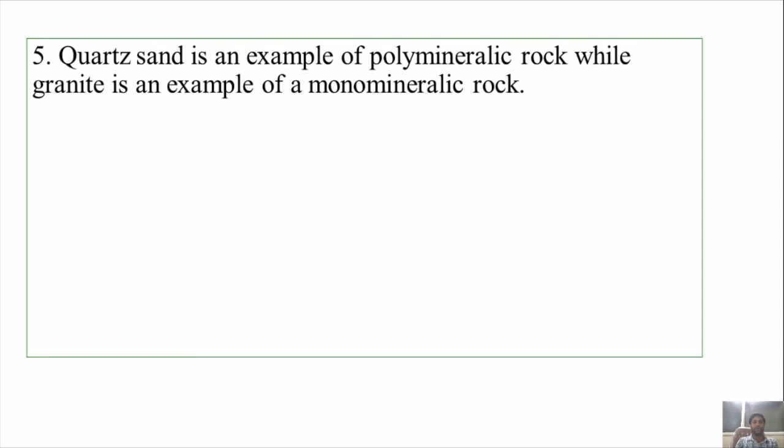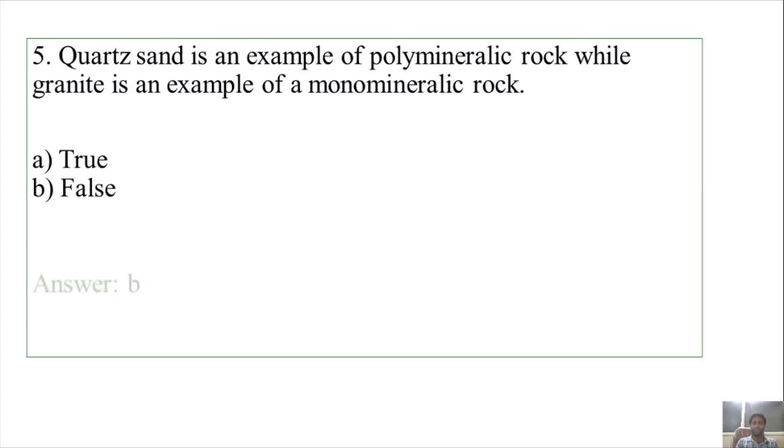Number 5: quartz sand is an example of polymineralic rock, while granite is an example of monomineralic rock. Mono means single, poly means more. So is the answer true or false?